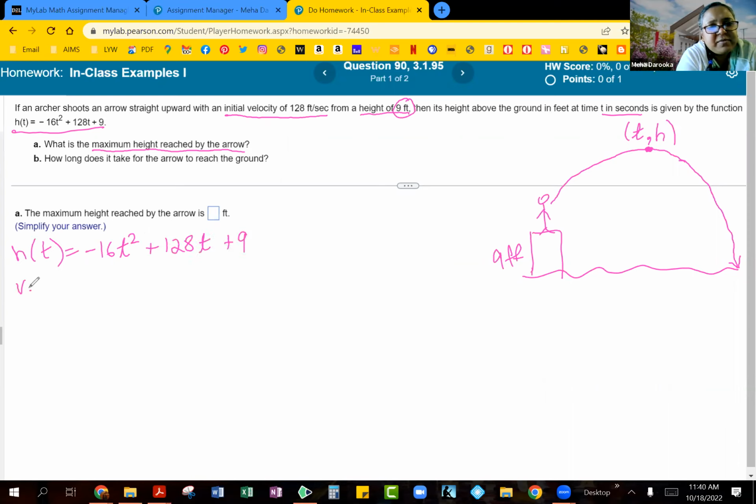So again, to find the vertex, you're going to take t equals, same formula, negative b over 2a.